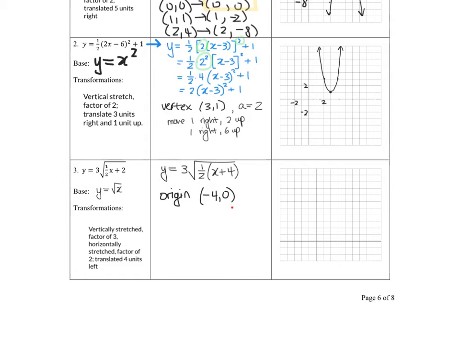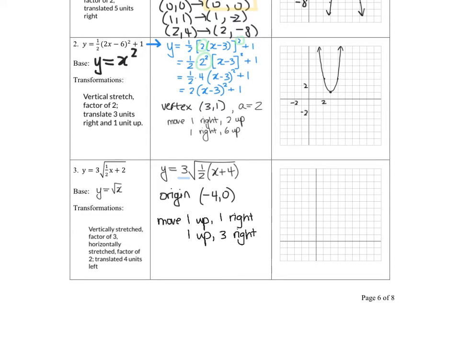Origin at D, C. And usually my steps would be to move 1 unit up and then 1 unit to the right. And then my next step would be another 1 unit up and then 3 units to the right. But now this is going to end up changing because of this 3.